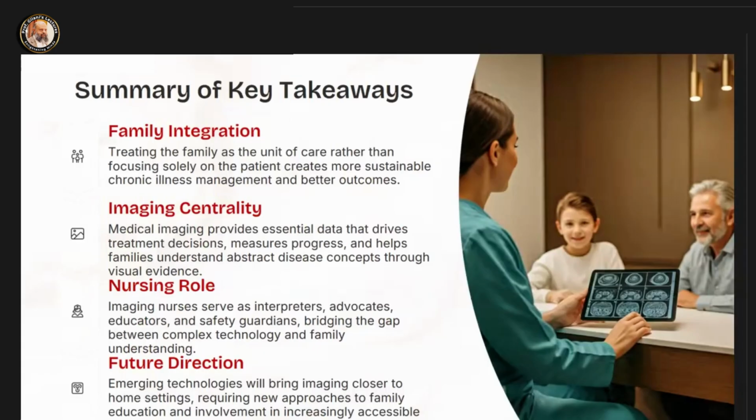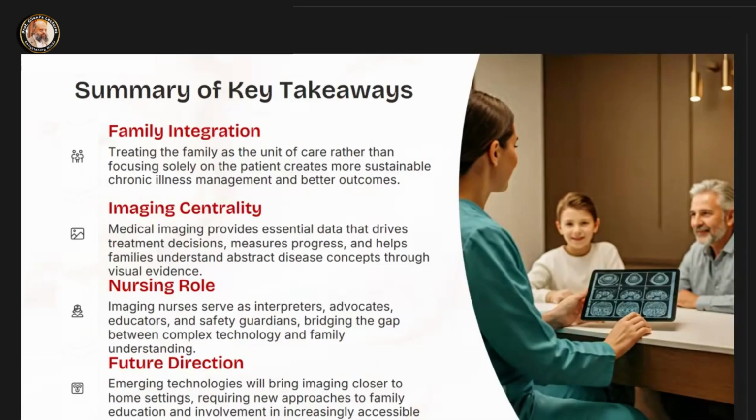So the summary of key takeaways are: family integration is important, and imaging is central. Medical imaging provides essential data that drives treatment decisions, measures progress, and helps families understand abstract disease concepts through visual evidence.